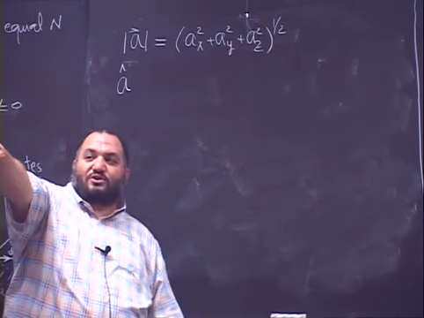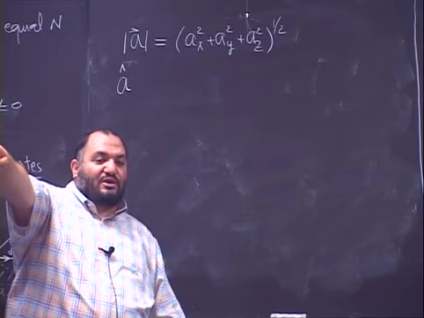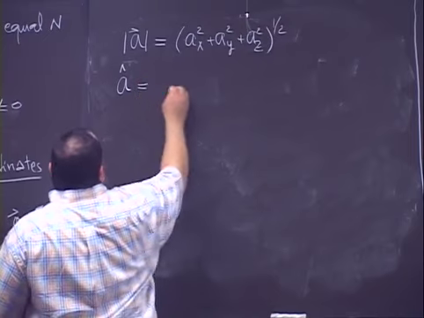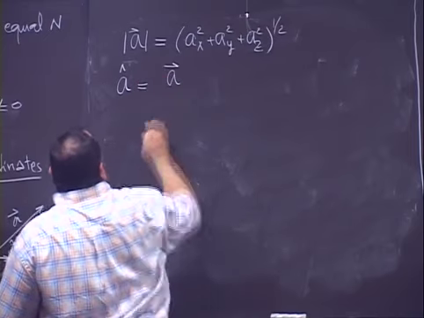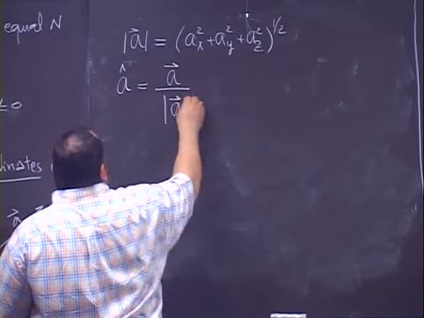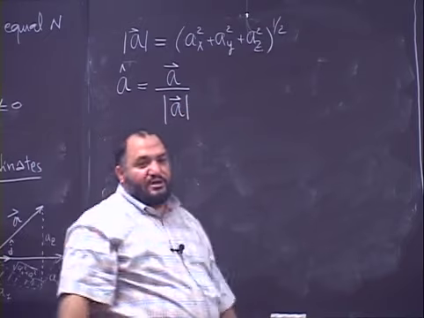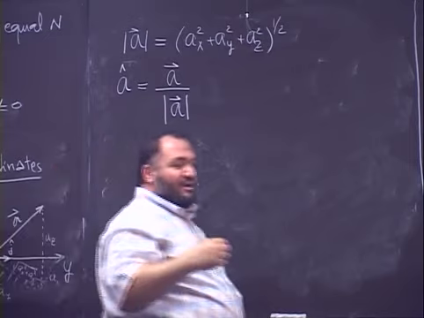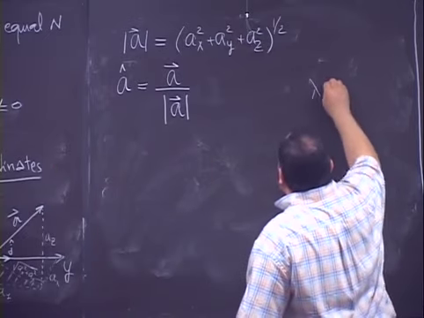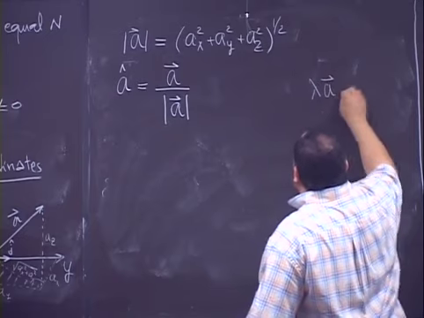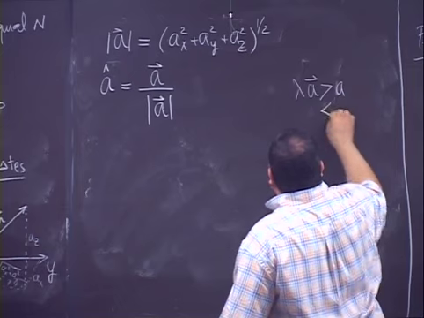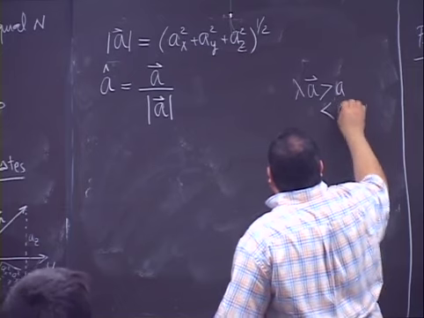So if the vector is pointing like this, and I want to get the unit vector, what should I do? I will simply divide the vector A by the amplitude of the same vector. Do you remember, just a couple of minutes at the early of the class, we said that if we multiply lambda by A, it might be greater than A, or it might be less than A.